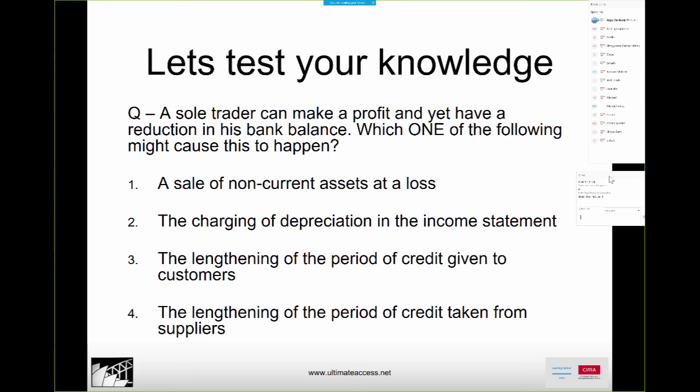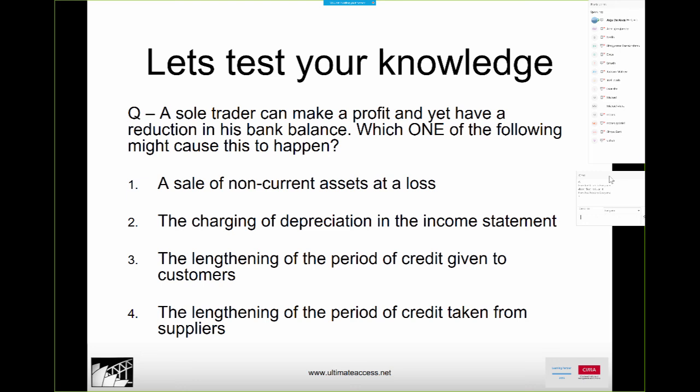So let's start from the first one. If there is a loss when you sell an asset, is there an impact on the cash book, the cash in your cash or bank? Is there an impact? What do you guys think?